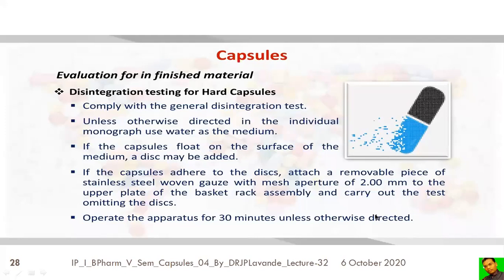If the capsule floats onto the surface of the medium, a disc may be added. If the capsule adheres to the disc, attach a removable piece of stainless steel woven gauze with mesh aperture of 2 mm to the upper plate of the basket rack assembly and carry out the test omitting the disc. Operate the apparatus for 30 minutes, that is the disintegration test apparatus, unless otherwise directed.